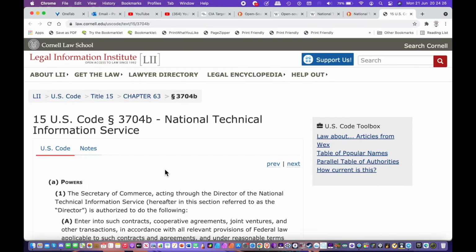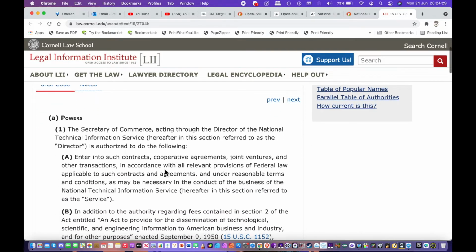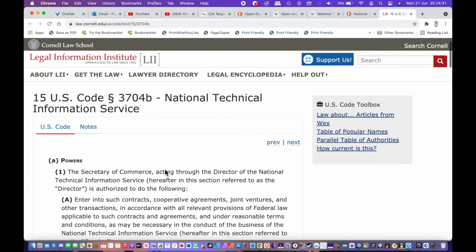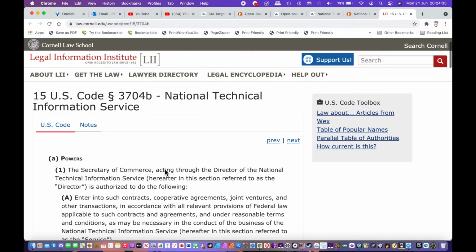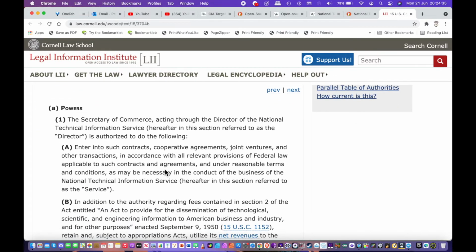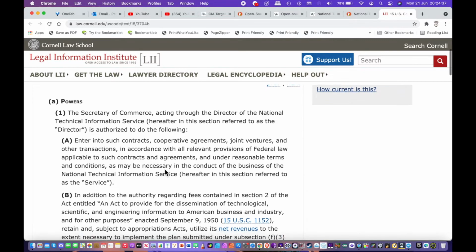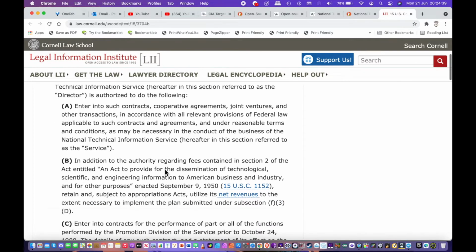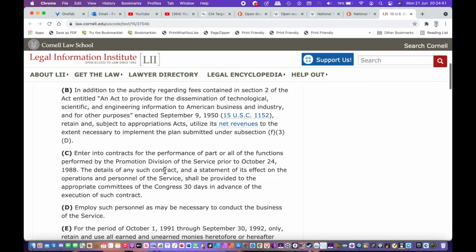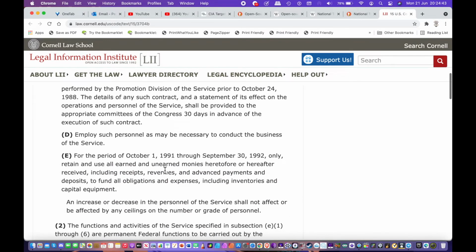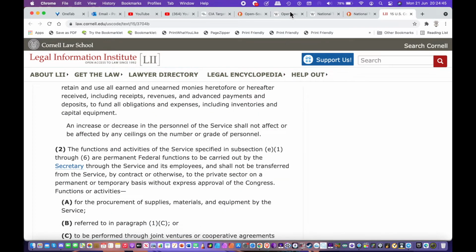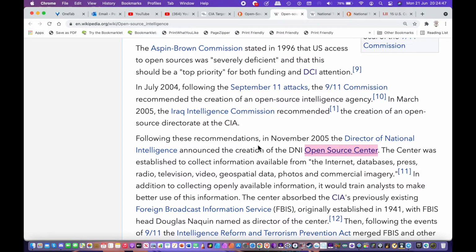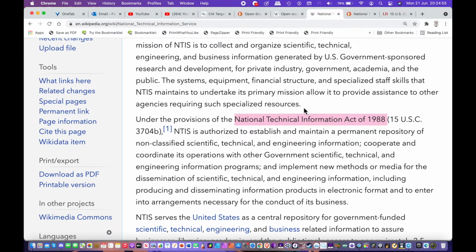So, National Technical... centers. So, they recommended it.